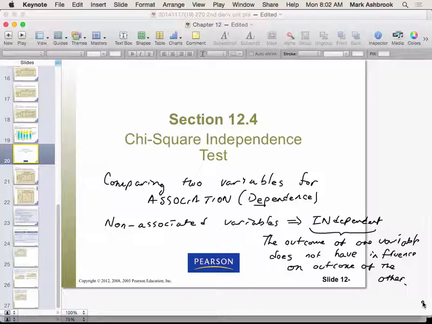Independent means if you knew the value of one variable, it would not have influence on the other.